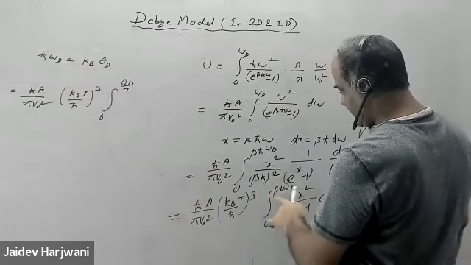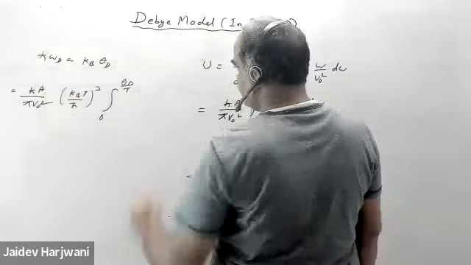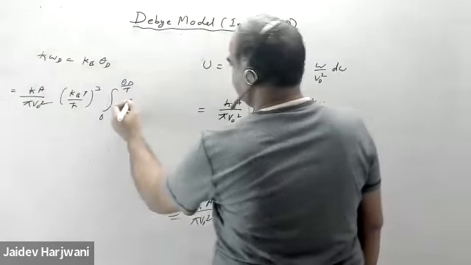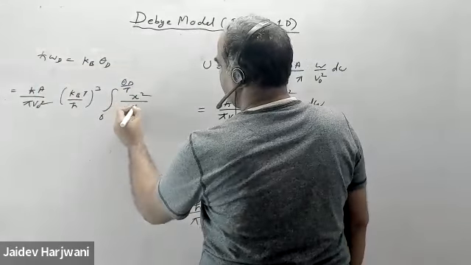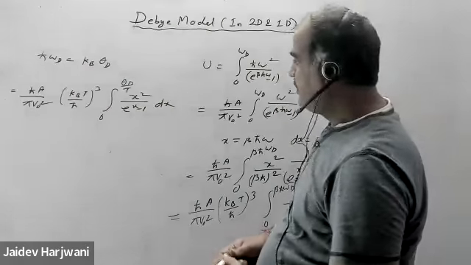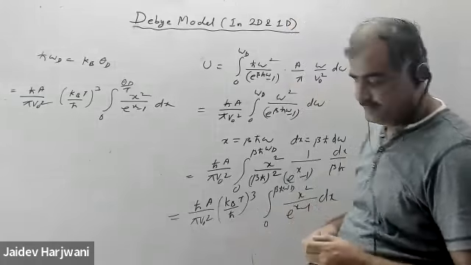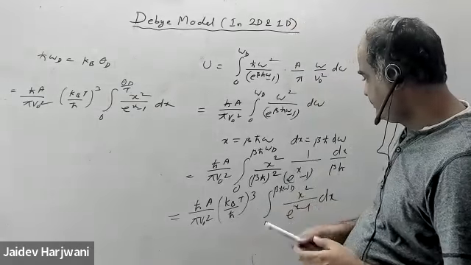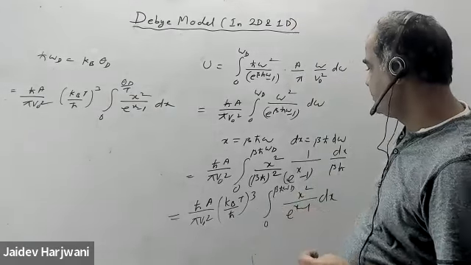So this becomes θ_D upon T, and x² upon e^x minus 1 dx. So you are replacing ħω_D equals k_B θ_D. Yes.